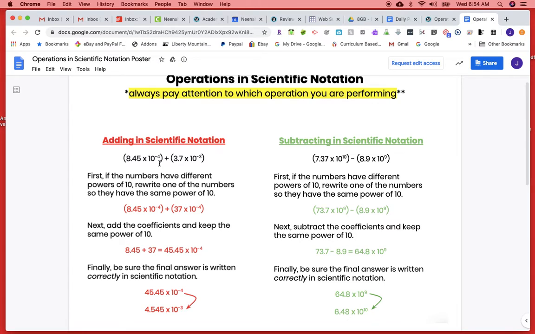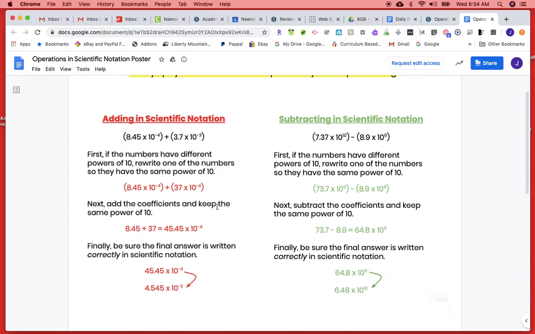All right, so in this case, let's make our negative 3 a negative 4. To do that, we need to change the 3.7 times 10 to the negative third to a negative 4. If you remember LARS, L-A-R-S, we need to subtract, because I want to get to negative 4, and negative 3 is bigger than negative 4, so I'm going to subtract 1.